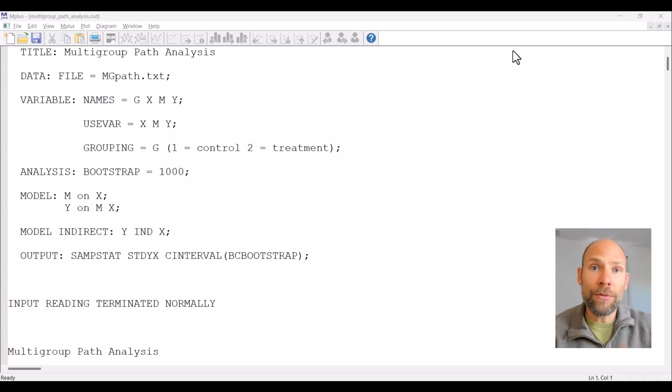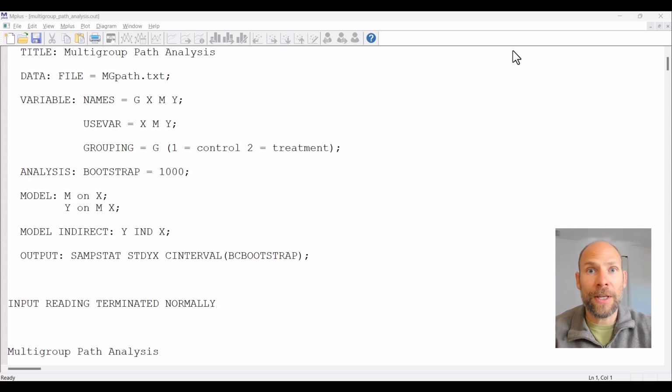And then multi-group path analysis is a convenient way to study a discrete or categorical moderator variable such as gender or treatment group, because in multi-group analysis we can formally compare the path coefficients across two or more groups.